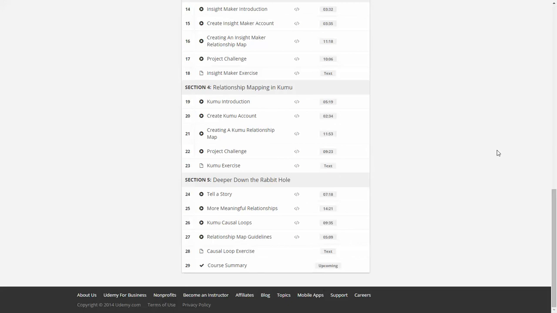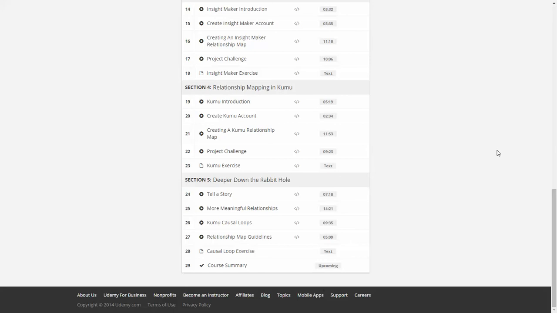And the causal loop exercise at the end, you are welcome to create and submit as many causal loops as you would like me to review and comment on, and in that process you will get better at it.